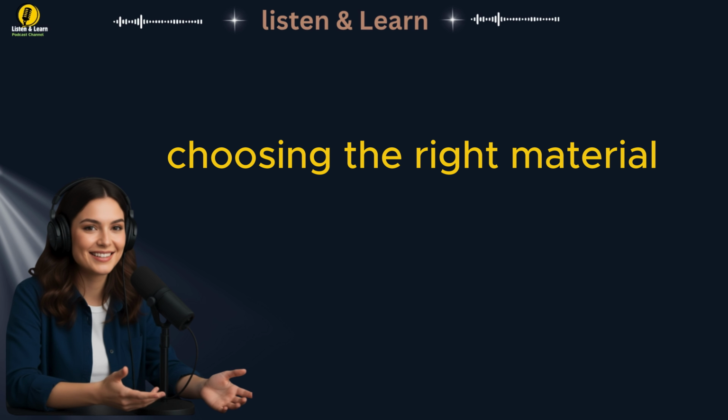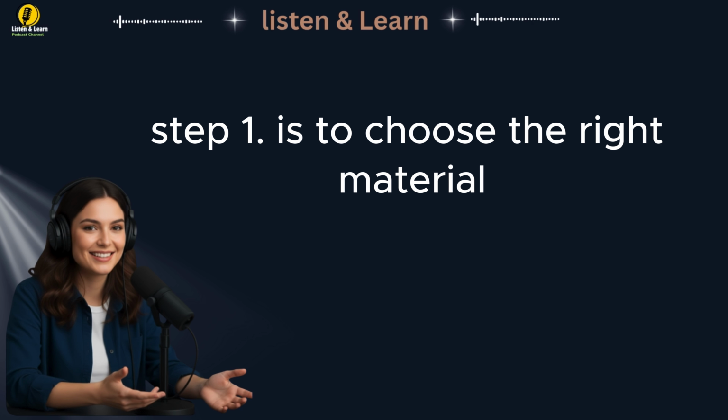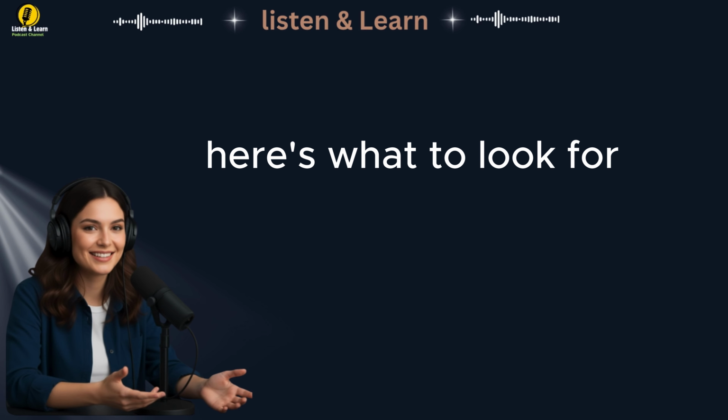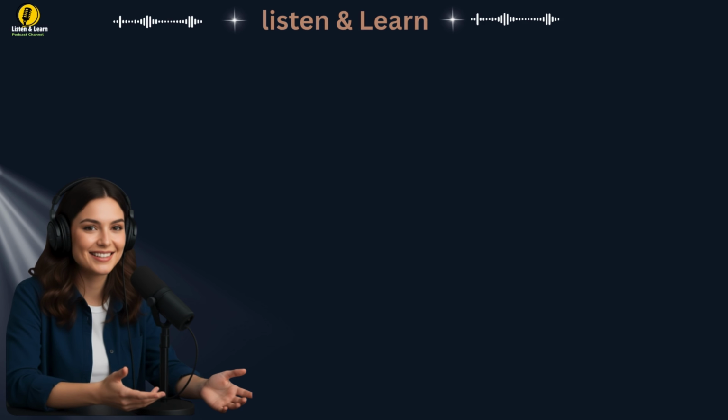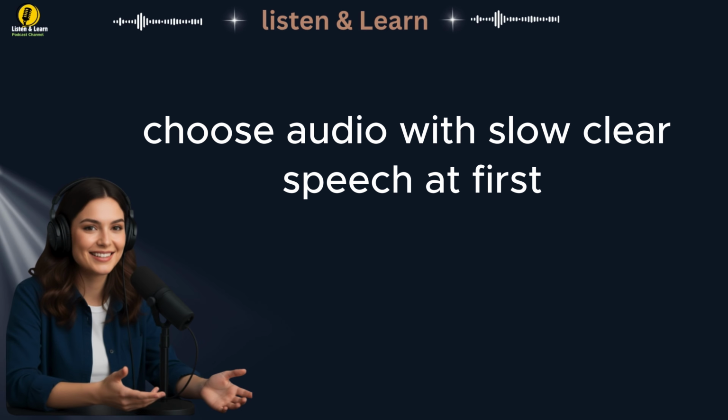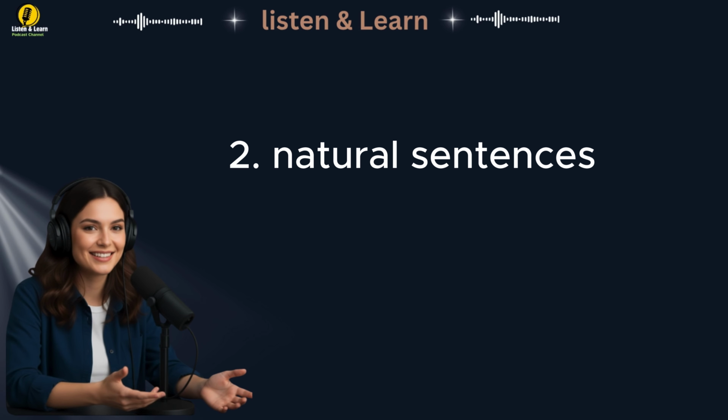Choosing the right material. Step 1 is to choose the right material. Not every audio or video is good for shadowing. Here's what to look for. 1. Clear pronunciation. Choose audio with slow, clear speech at first. 2.